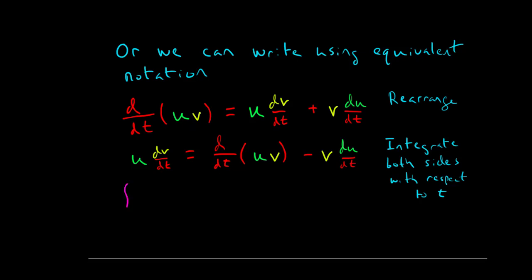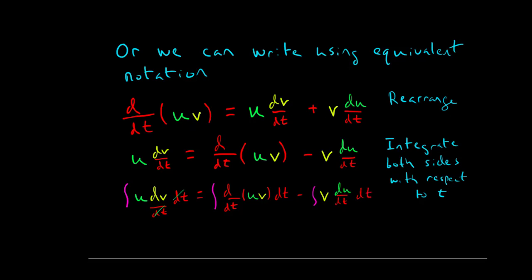So if I integrate u times dv/dt with respect to t, so the integral of u dv/dt dt, and then I integrate the other side of this equation, the integral of d/dt of u times v dt minus the integral of v times du/dt dt.